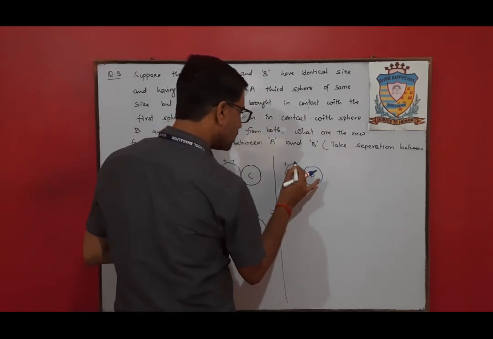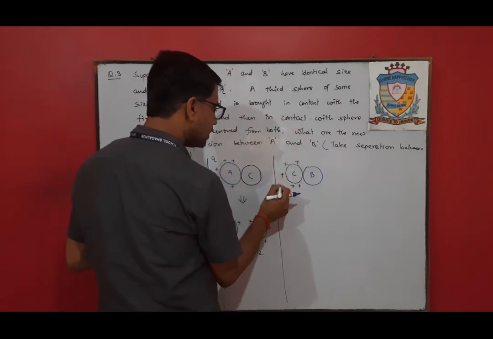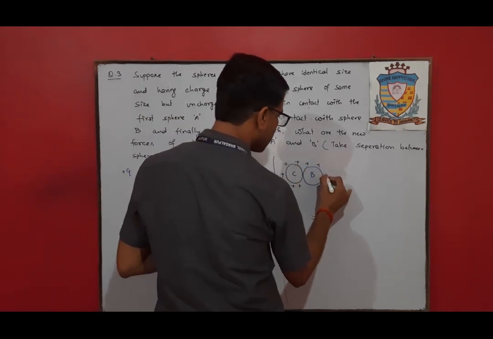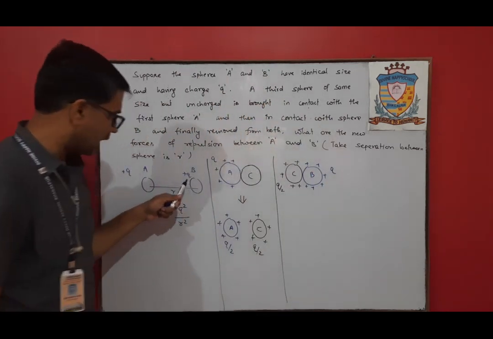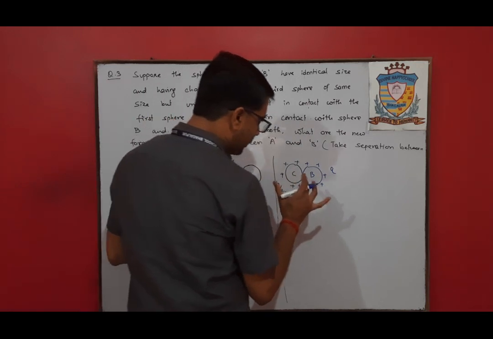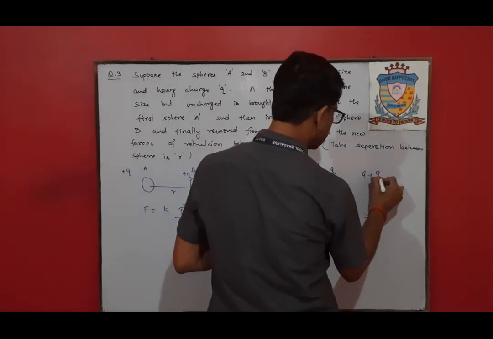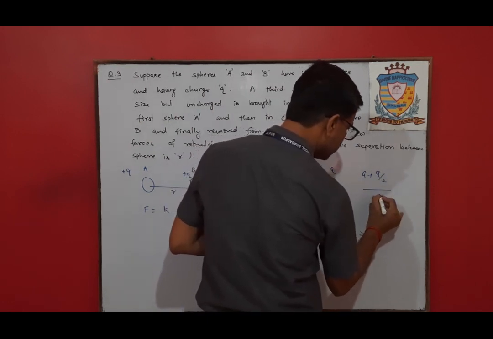So C has the charge Q by 2 and B has the charge Q, as initially B has the charge plus Q. After separation, the total charge on each sphere will become Q plus Q by 2 divided by 2.